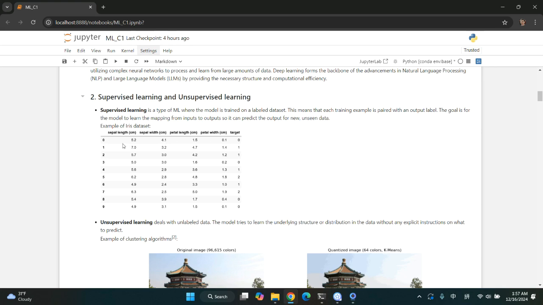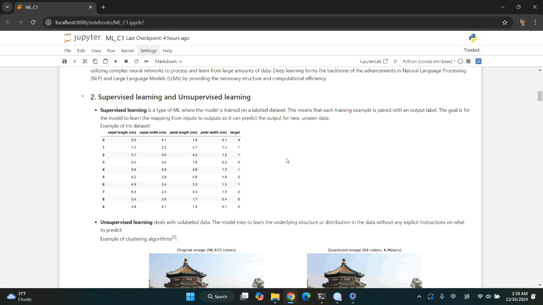Each row in this dataset represents a sample. We can apply a supervised learning algorithm on this dataset. We can train on the input features and the labeled data, which here is called target. After we train the model, we can use it on upcoming new data.